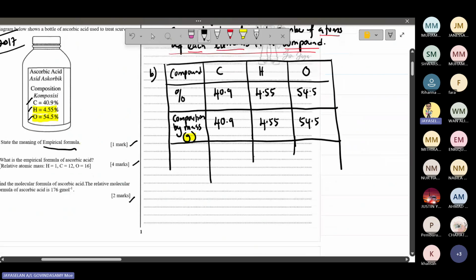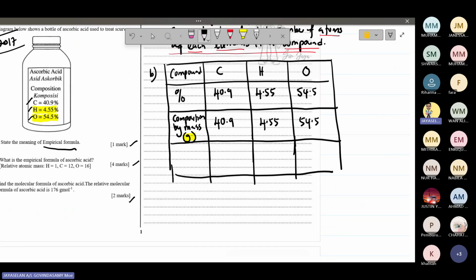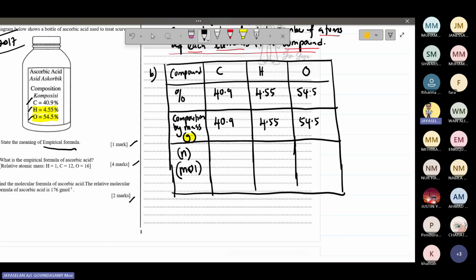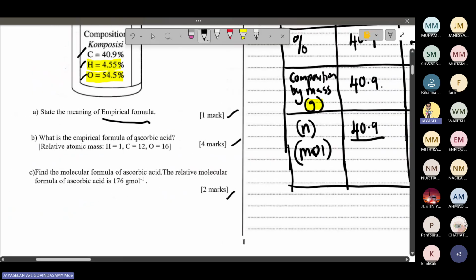Okay, can I? So next step, after you finish this, you have to find number of mole. You can put a symbol like this. I accept it. Even SPM also accepts it. But you must remember the formula to calculate number of mole if mass is given. So you need to put here mole. So this is mass, right? So mass over molar mass: 40.9 divided by the molar mass of carbon already given here, which is 12.